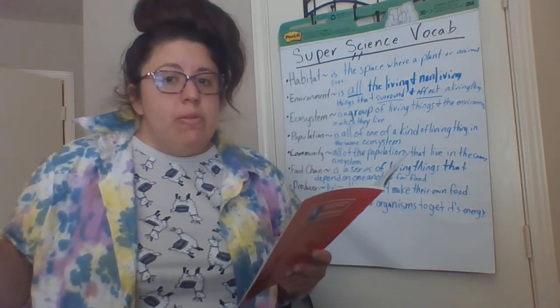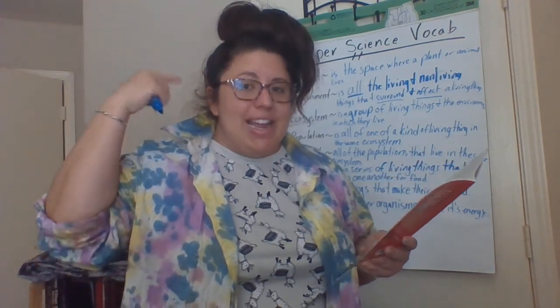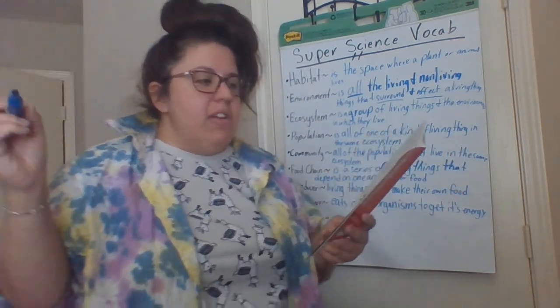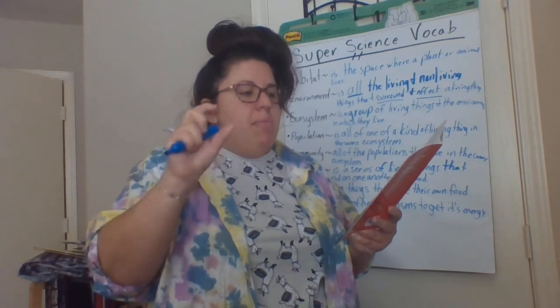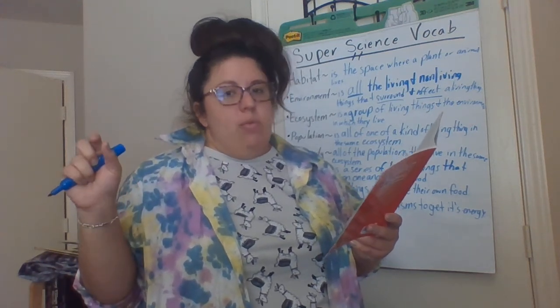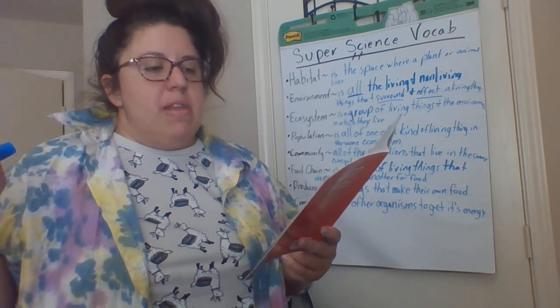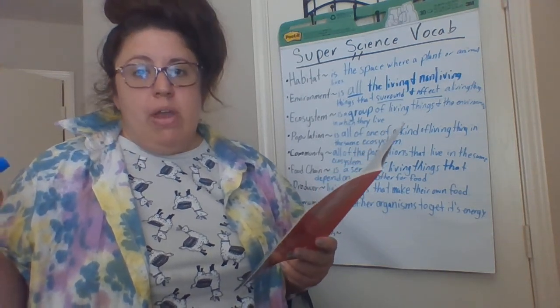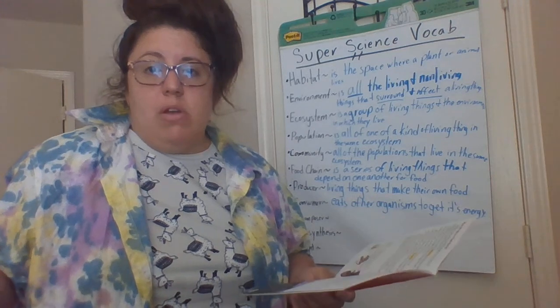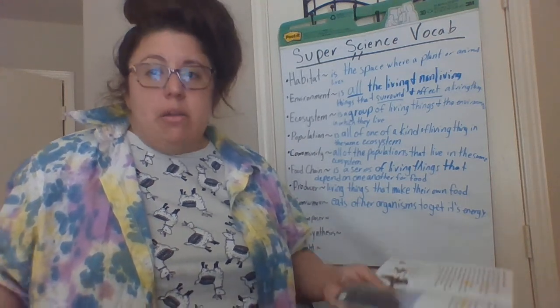A decomposer, so stop, collaborate, and listen, is a kind of consumer. Decomposers break down dead things and wastes into small parts. These small parts then become part of the soil. So earthworms are decomposers.